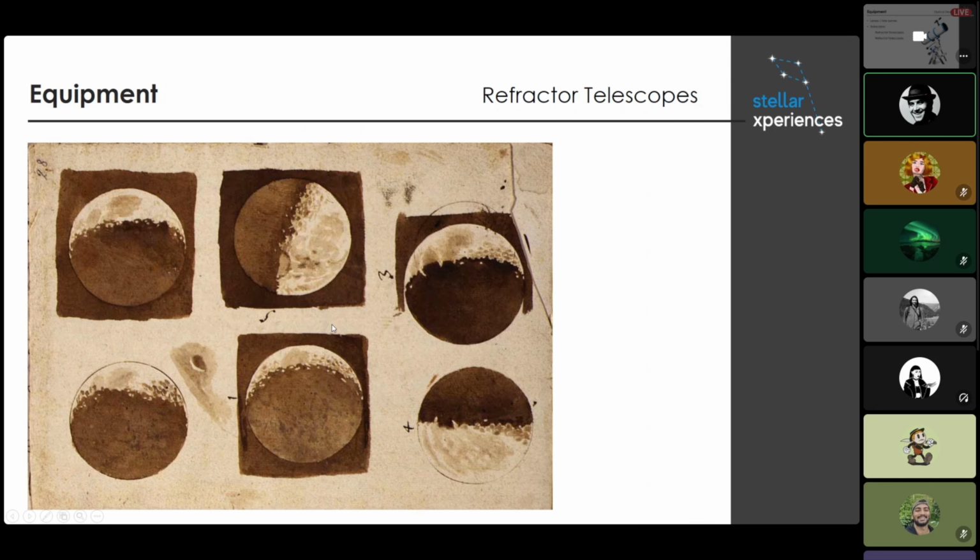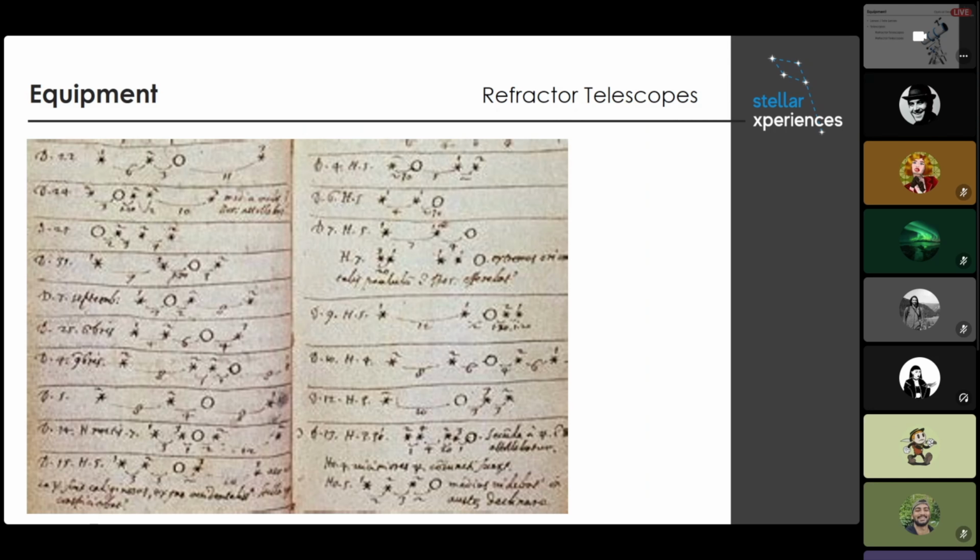He made these drawings, and he also observed Jupiter mostly. Here you see Jupiter and the biggest and brightest four moons of Jupiter. And he realized that these objects were actually revolving around the planet.